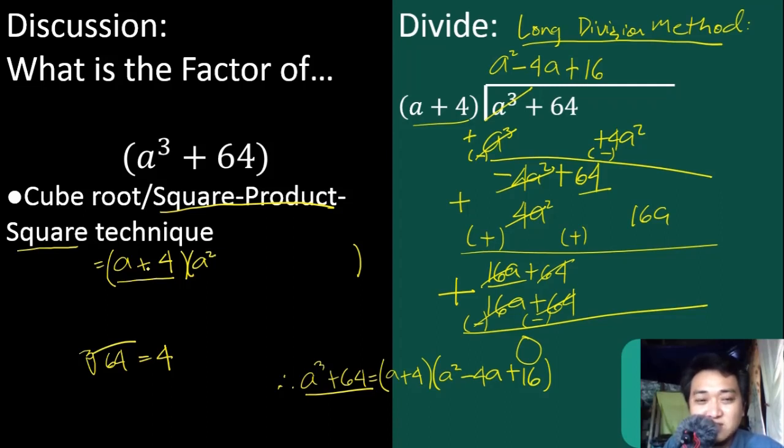Wag na muna nating pansinin yung operation. What is the square of the second term? What is the square of 4? The square of 4 is 16. Again, regardless of the sign or the operation in between the binomial, basta square nyo lang yung second term.